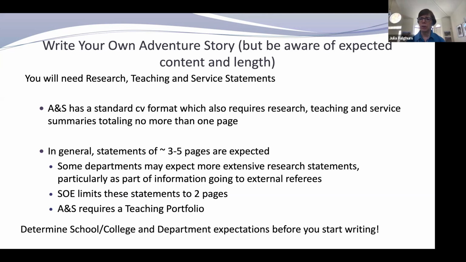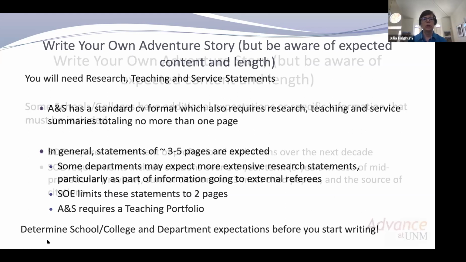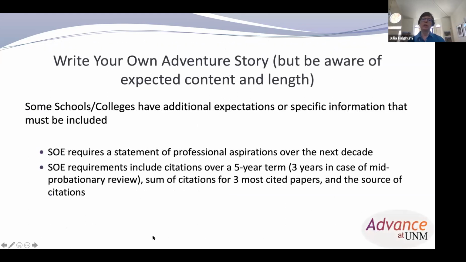Arts and Sciences requires a teaching portfolio. So every college has a few different things. Figure out what that is, so you're incorporating that into your plan for developing the dossier. Just as one more example of other expectations, School of Engineering faculty are frequently stunned to discover that the School of Engineering requires a statement of professional aspirations for the next 10 years.